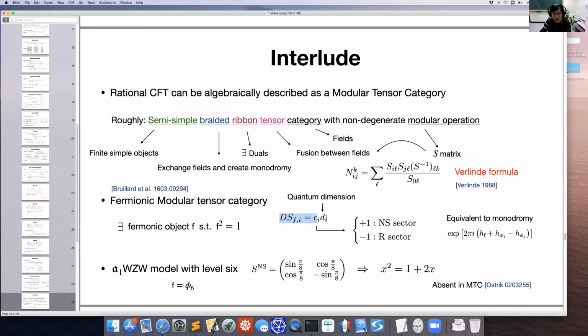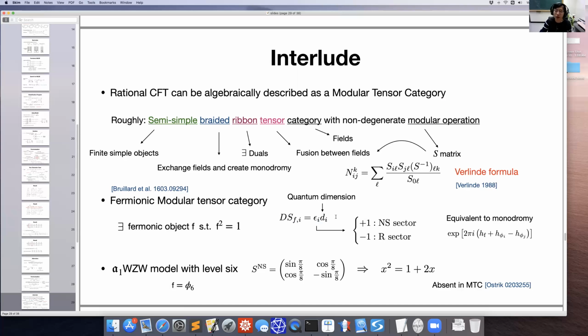And this is the expression they wrote down in this paper, where S is the S matrix, and the D_i are the so-called quantum dimensions associated to each primary. And epsilon_i equal to plus or minus 1 determines whether it's in the NS or R sector. So honestly, when I first looked at this definition, I was very confused by this expression. Why must this epsilon_i be plus 1 or minus 1?